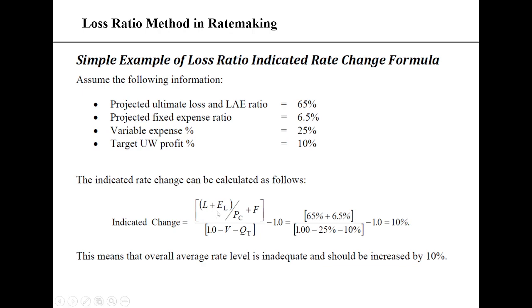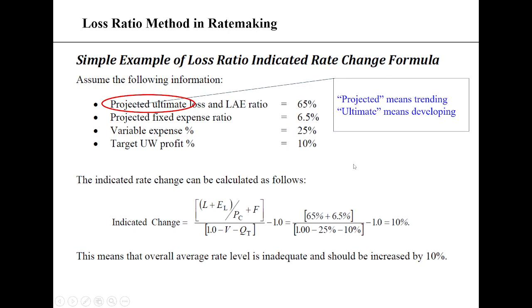Then the projected ultimate loss, and this is the loss adjustment expense ratio. It includes not only allocated loss adjustment expense but unallocated loss adjustment expense as well. That would be 65%.